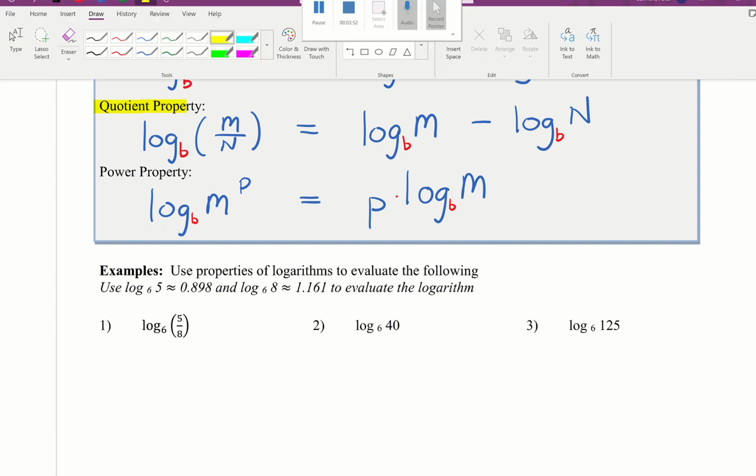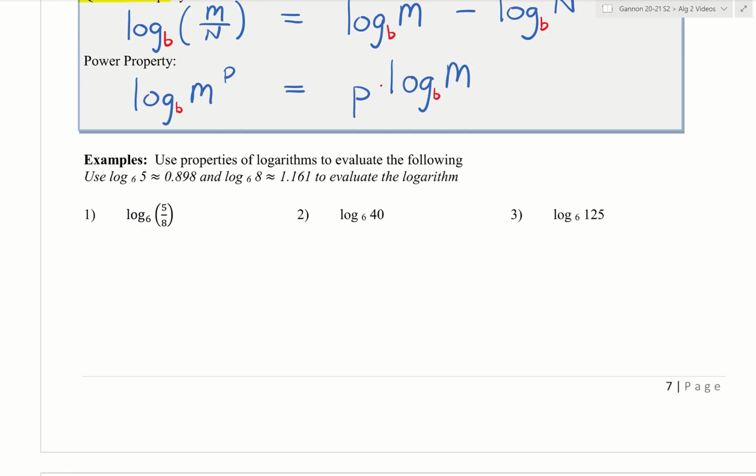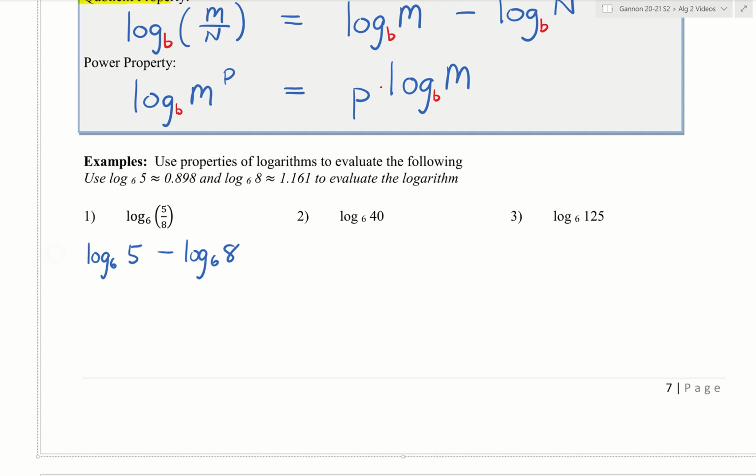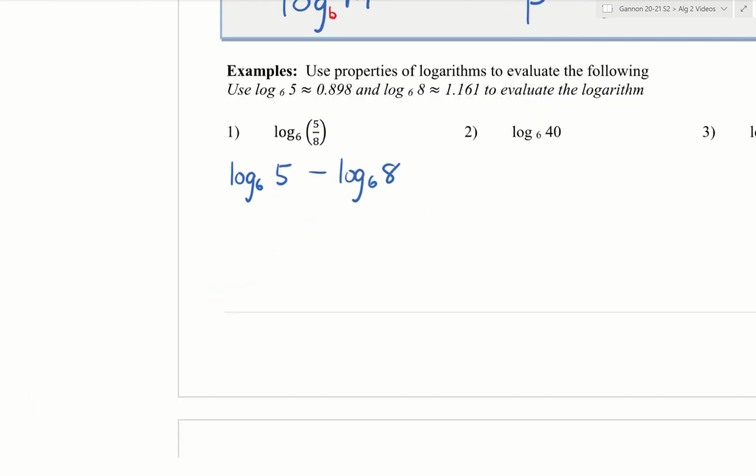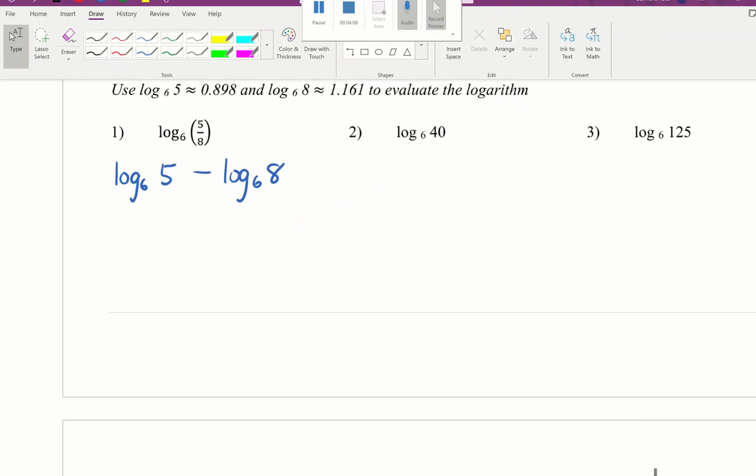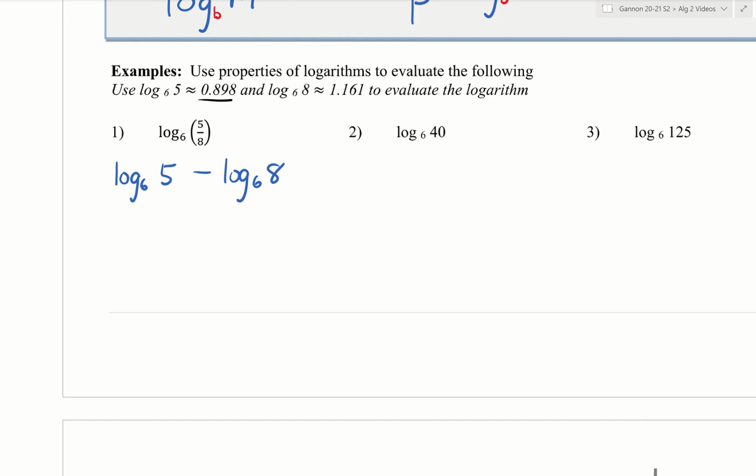So the first thing to do would be to rewrite this or expand this as log base 6 of 5 minus log base 6 of 8. From there, we could use the values that were given to us and just substitute in. All right, so this is going to be 0.898 minus 1.161.